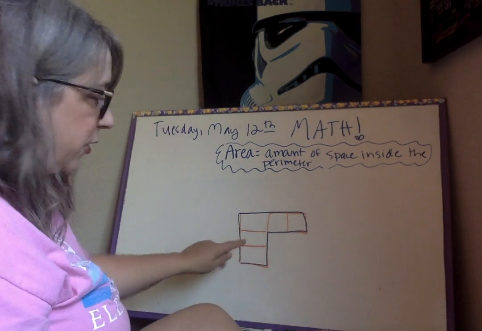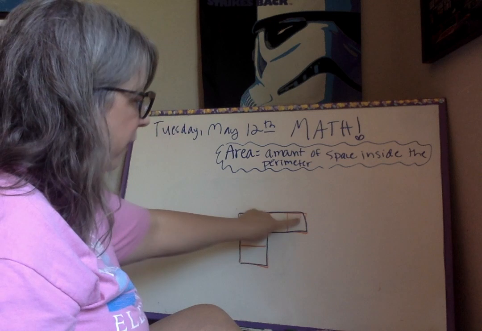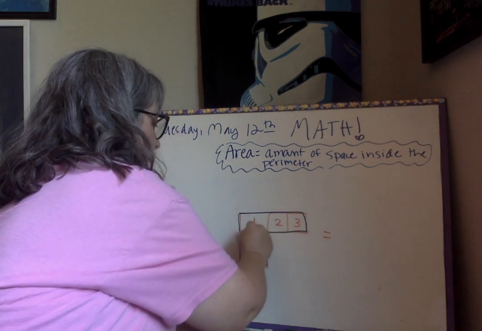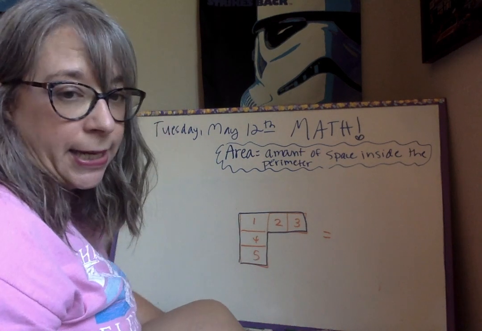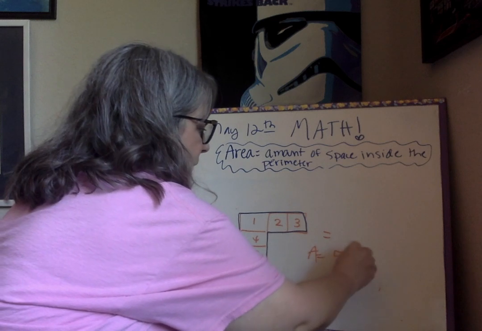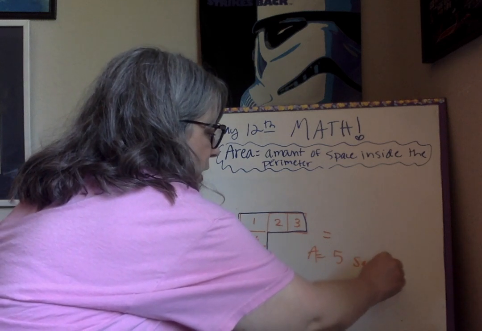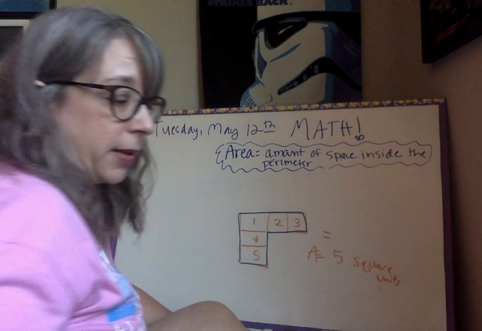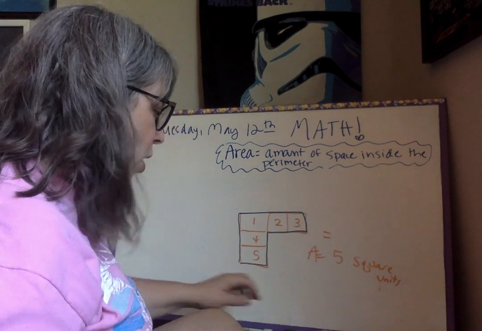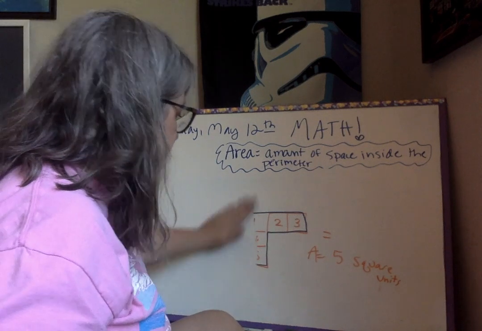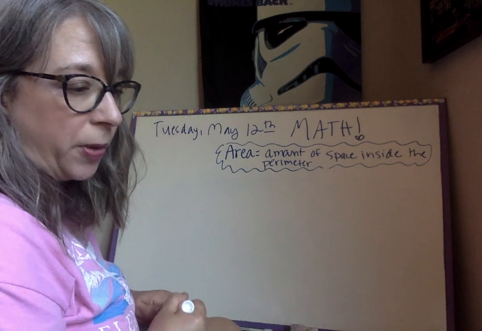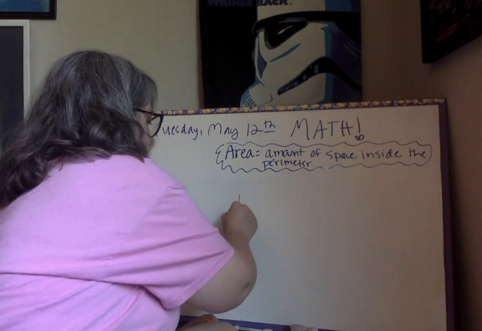So how many square units do we have? 1, 2, 3, 4, 5. So now we have 5 square units. That's all area is. So area equals 5 square units. And lots of times that's all you're doing, is counting how many units there are. How many squares? Start counting. Make life easy. If you want to multiply, go for it. Multiply.